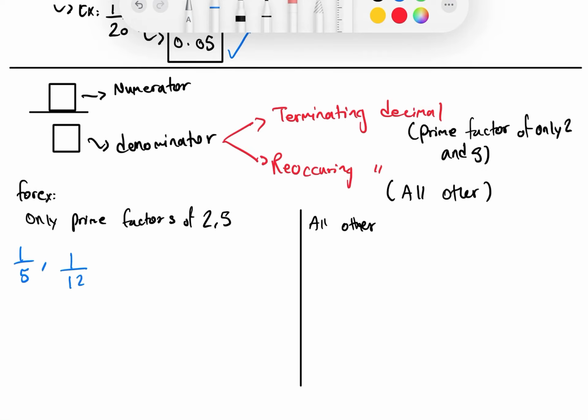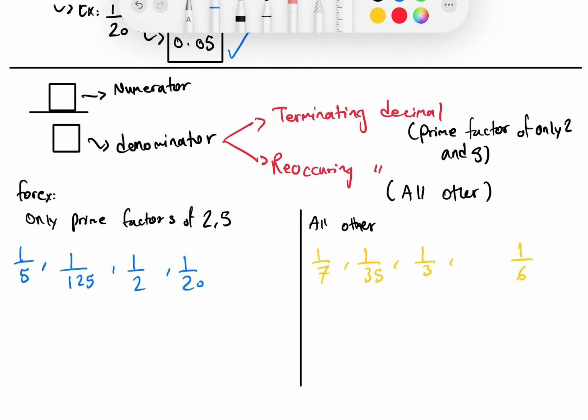Or 1 over 125, or 1 over 2, or 1 over 20. And for this one, all other prime factors, like you can get 1 over 7, or 1 over 35, or 1 over 3, or 1 over 6.